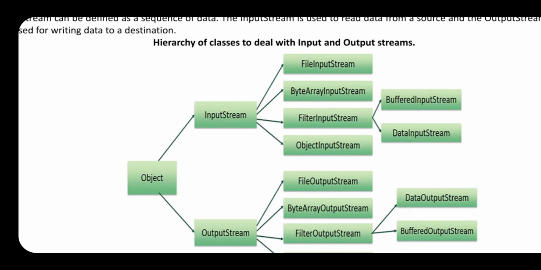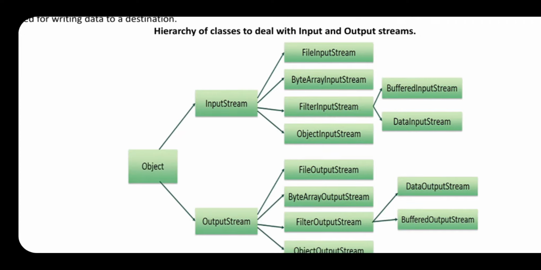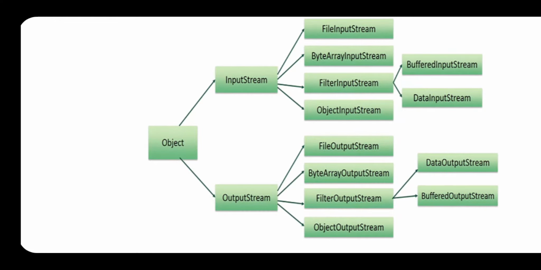That is called an input stream, which is subdivided into different classes, and each of the classes can be accessed by using whatever object you want to create. Like that, input stream is this one, and the output stream is for displaying the information back to the user.